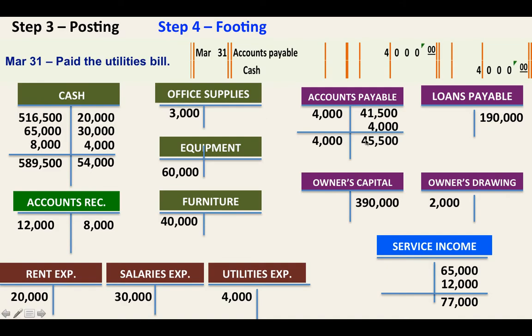By the way, before getting the net balance, some companies would like to make sure that the debit and credit totals are presented. So some companies do what you call a trial balance of totals. Meaning the debits and credits will be presented, and we see whether we are balanced.